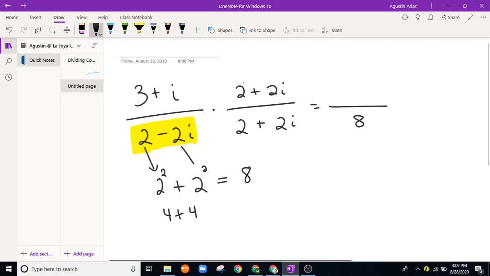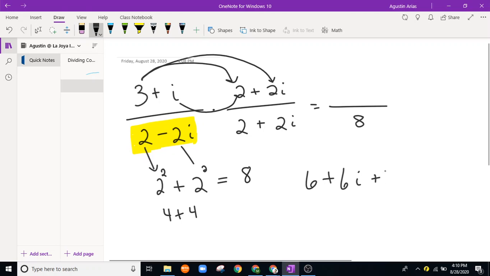This on top needs to be done the long way. 3 times 2 is 6. 3 times 2i is plus 6i. i times 2 is 2i, and then i times 2i is 2i squared.